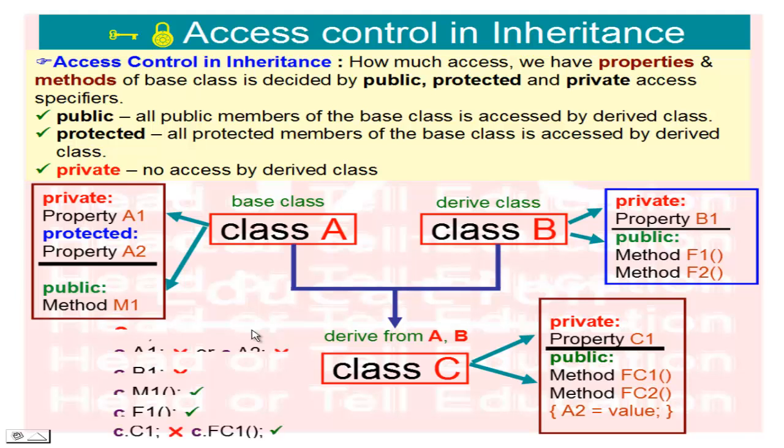If we create an object of class C, then C.A1 or C.A2 is not accessible. Also C.B1 is not accessible, because both properties are protected by the private keyword.